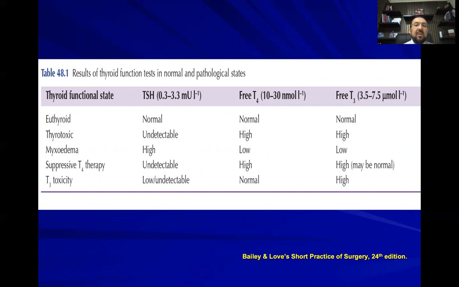If he is myxedematous, the TSH is high while the FT4 and FT3 are low. When he is receiving suppressive T4 therapy, he will have his TSH very low and the FT4 and FT3 still high. And in a unique entity known as T3 toxicity, the TSH will be low or undetectable, the FT4 is normal, but the FT3 is the one which is high.